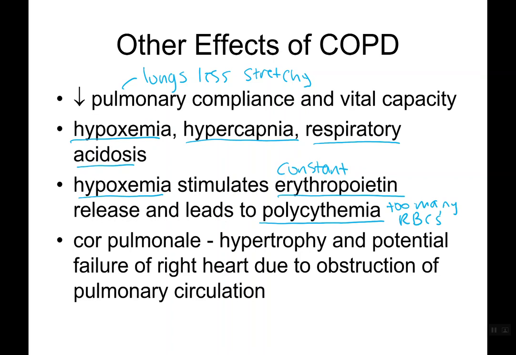It can cause your blood to be sludgy. And the outcome of secondary polycythemia is this, cor pulmonale. So you get hypertrophy and potential failure of the right side of the heart, and that's due to the obstruction of pulmonary circulation in particular. So remember, right-sided heart failure and left-sided heart failure are different.